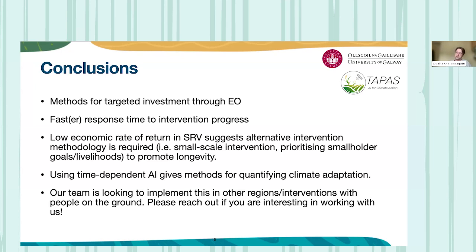This intervention in particular had a very low economic rate of return, and we see that reflected in the Earth observation analysis as well. We can use these methods to quantify climate adaptation through those figures that I showed. And also our team is looking to partner with people to implement this in different regions, especially if you have people on the ground where we can validate our results as well.